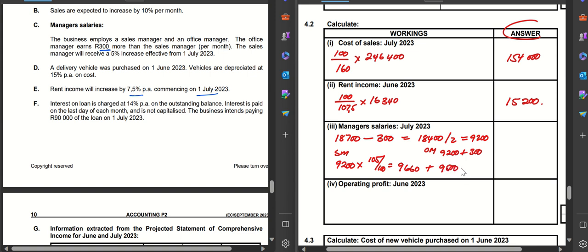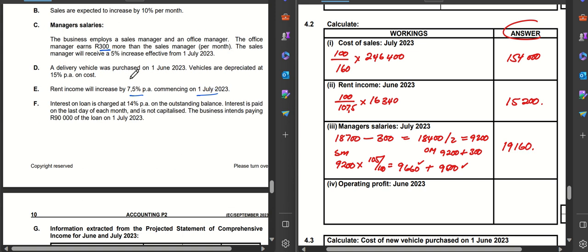Okay, so the office manager, remember, was getting 300 more, which is 9.5. So you end up now with the sales manager getting 9,660 and the office manager getting 9,500. And if you add these two, you now end up with 19,160. This becomes your manager's salaries.